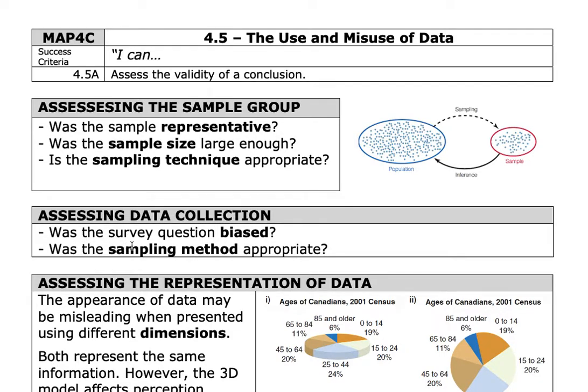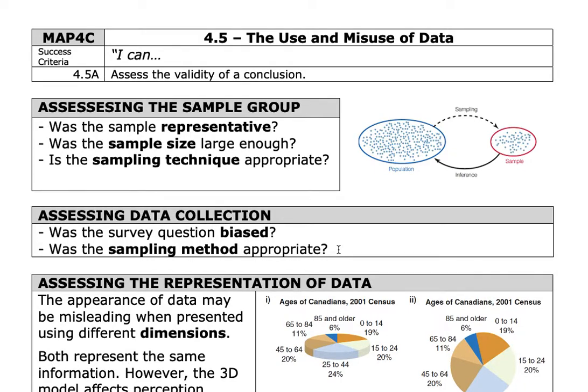Was the sampling method appropriate? The way that you ask the question can affect the responses. People who know that they're being observed might behave differently than if it was a random or anonymous survey.